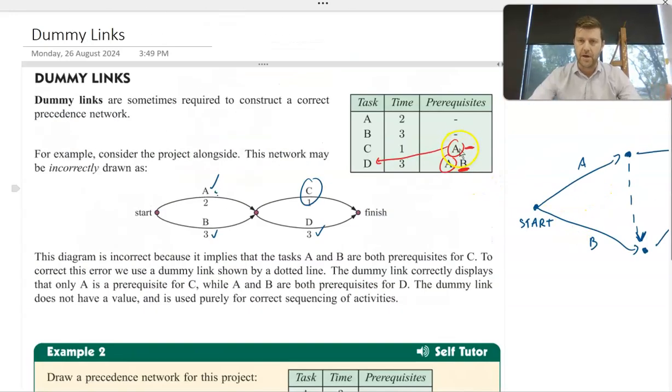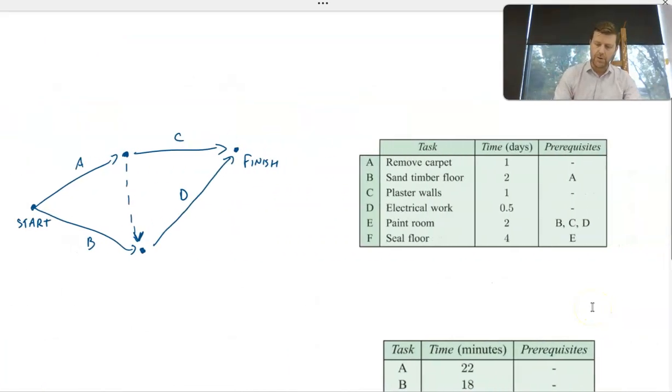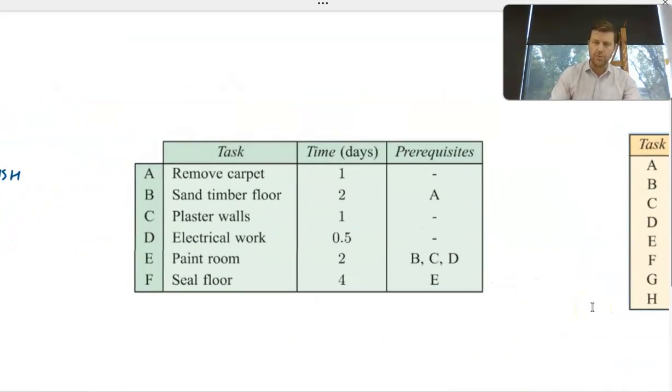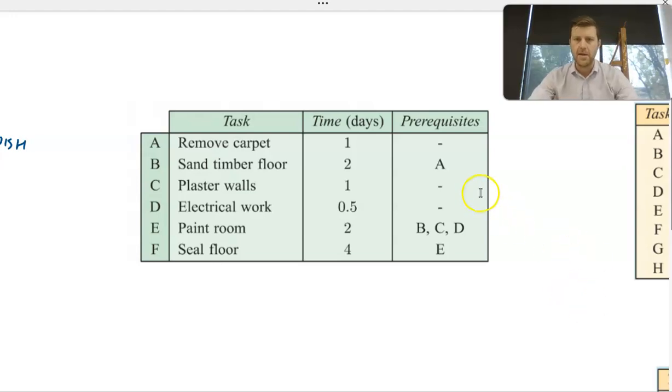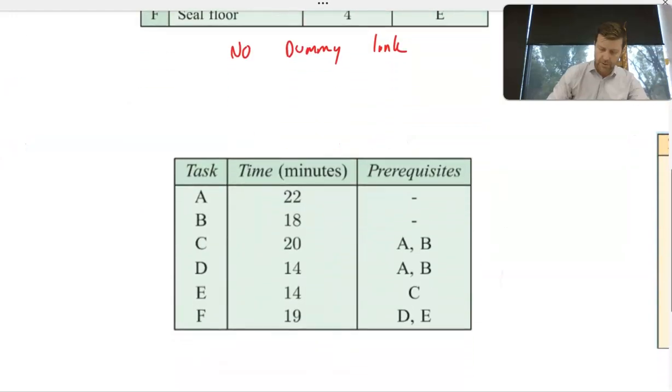Again, it's by itself, and then it's with another task. So which one of those precedence tables has that pattern? A is by itself, B, C, D appear there once, E appears by itself. Therefore, there is no dummy link in this precedence network. In the one down here, let's have a look.